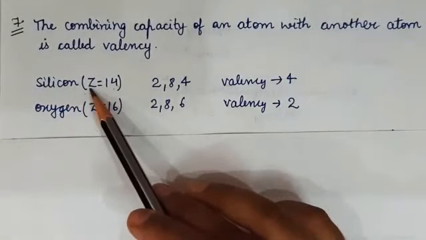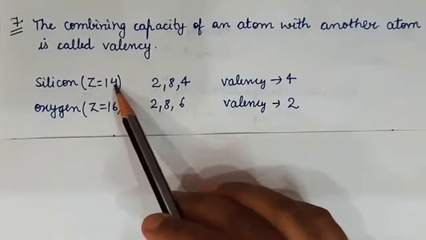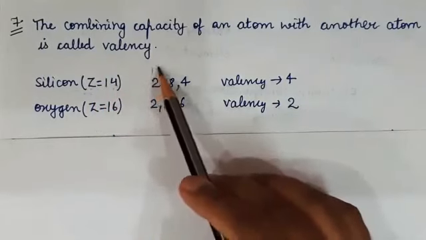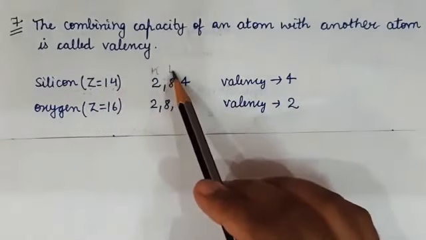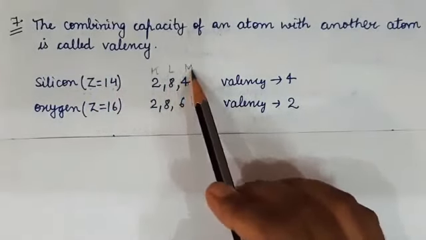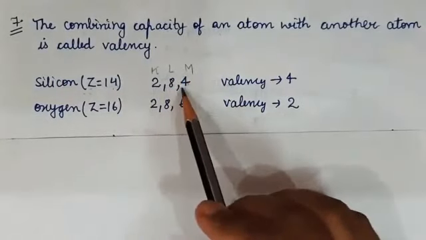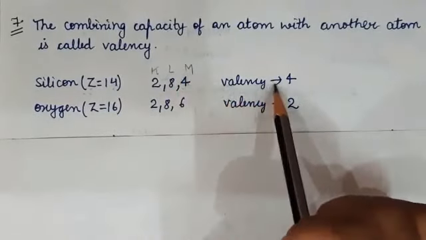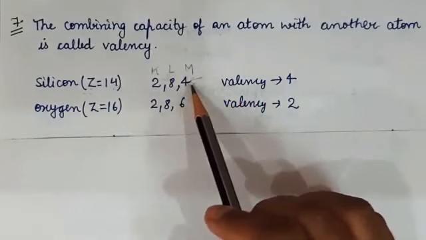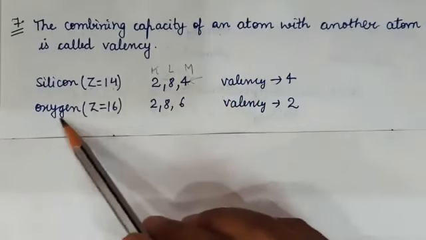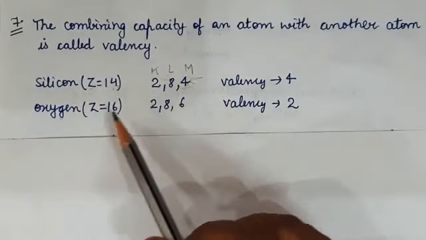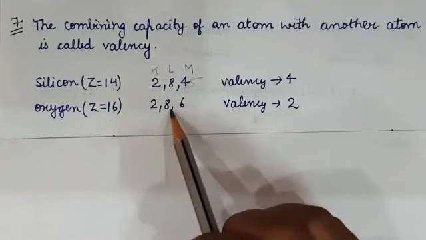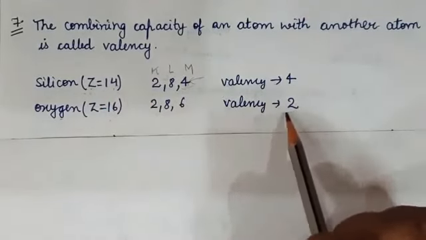Z means atomic number. So write down the electronic configuration. 2 in the K shell, 8 in the L shell and 4 in the M shell. So 2, 8, 4. So what is the valency? 4. Because it will gain or lose 4 electrons. For oxygen, atomic number is 8. So electronic configuration is 2, 6. Valency is 2.